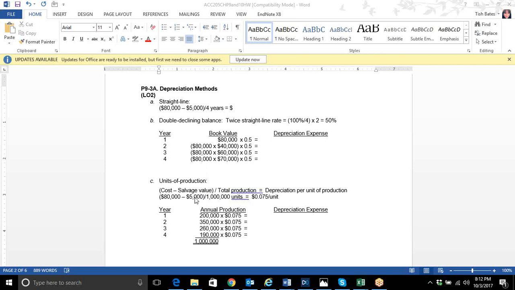Our salvage value was 5. We knew that. And they gave us that this was 1,000,000 units, right? So that means that depreciation per unit of production is going to be 7.5 cents. You follow me so far?